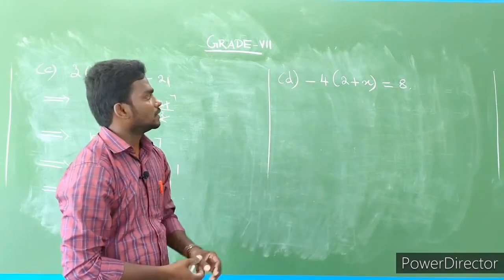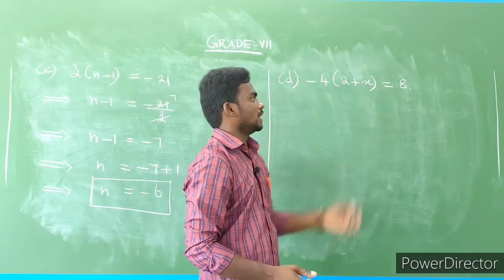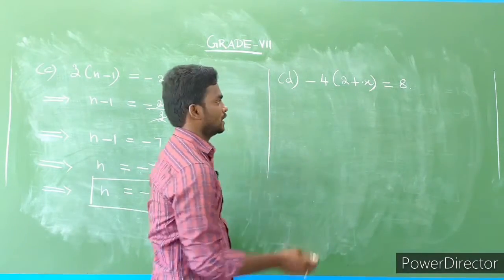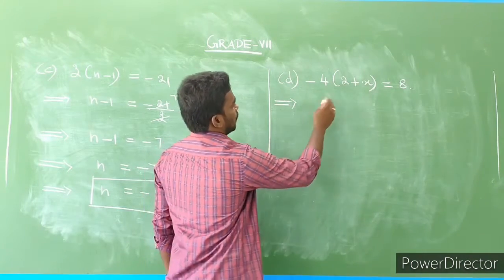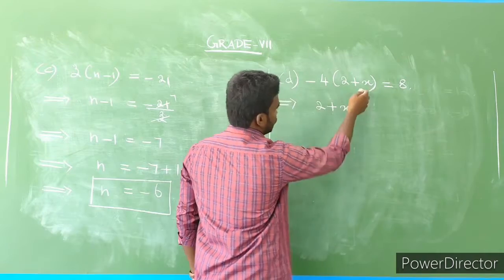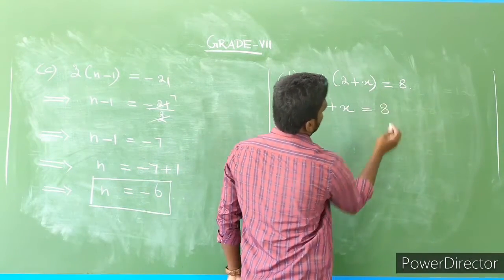See our D question. Minus 4 into 2 plus x is equal to 8 is given. Implies that we keep the bracket value 2 plus x on the left side, which is equal to 8 on the right side.